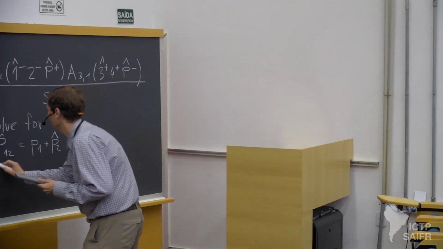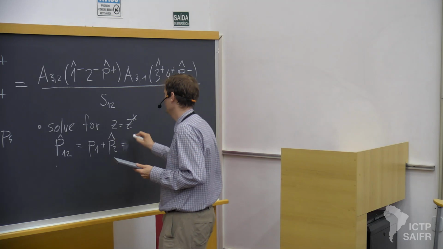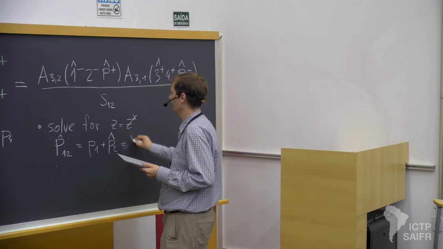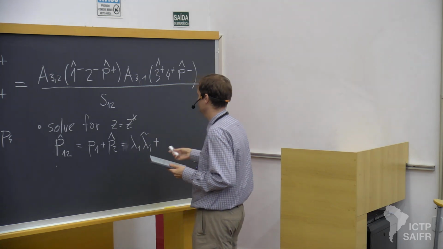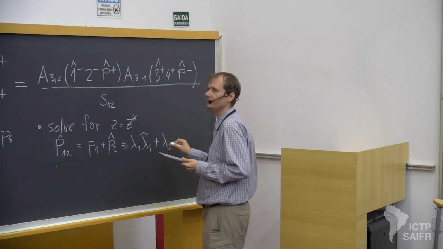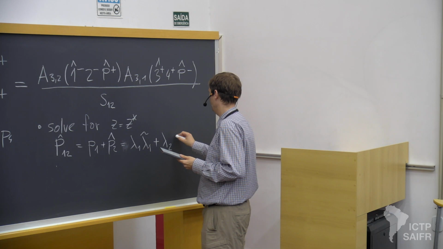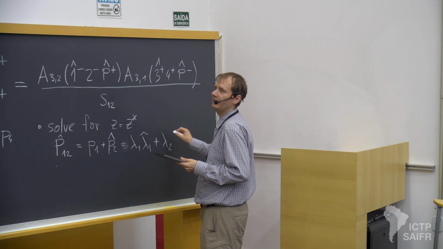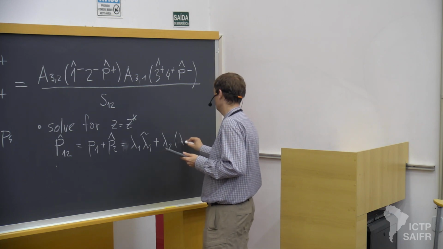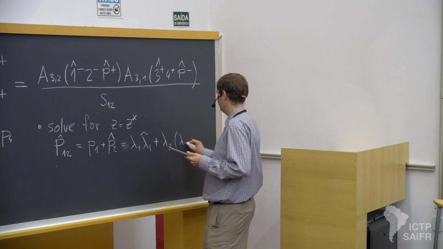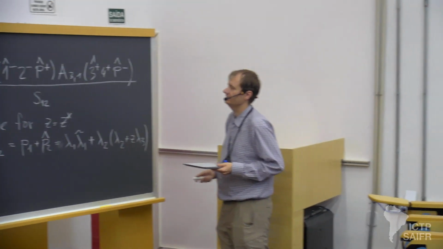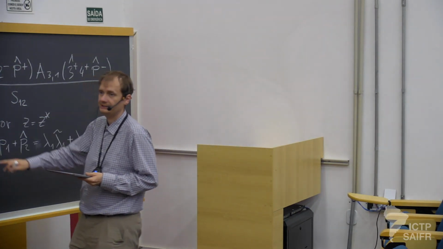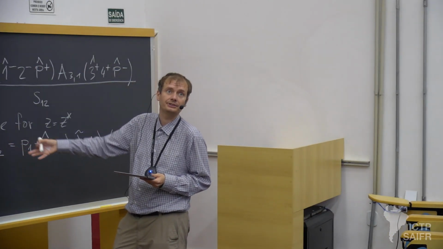So this is equal to lambda 1 tilde plus lambda 2 tilde hat, which is lambda 2 plus z lambda 3. Okay, so this is the hatted momentum. This one must be on shell. That's the condition for solving for z.